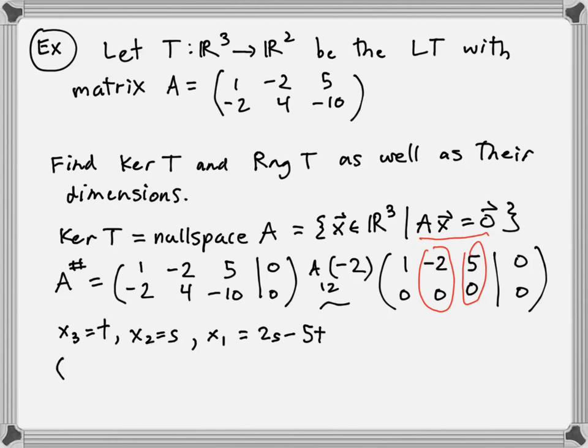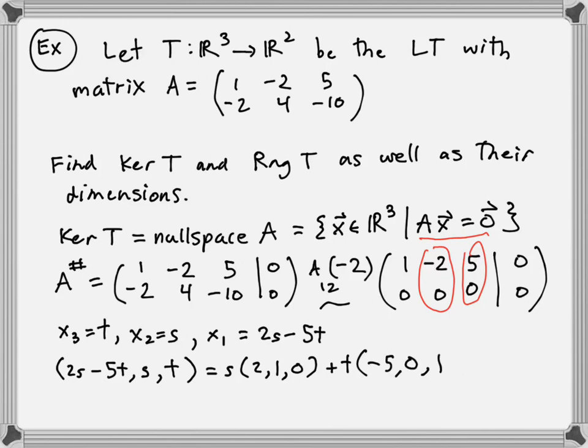We have all vectors of the form 2s minus 5t, s, and t, which, if we break this up, equals s times 2, 1, 0, plus t times -5, 0, 1. So we just found that all solutions have this form.